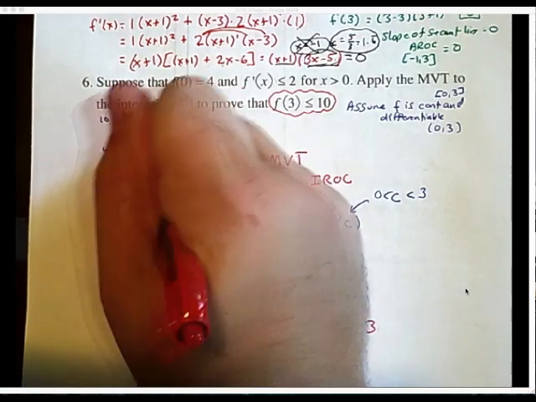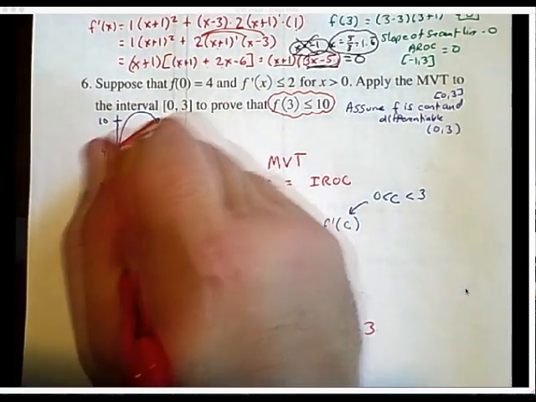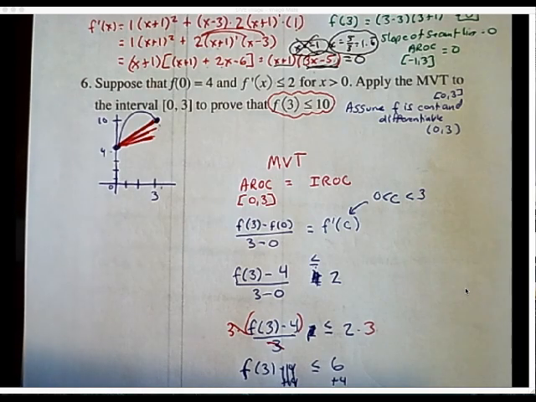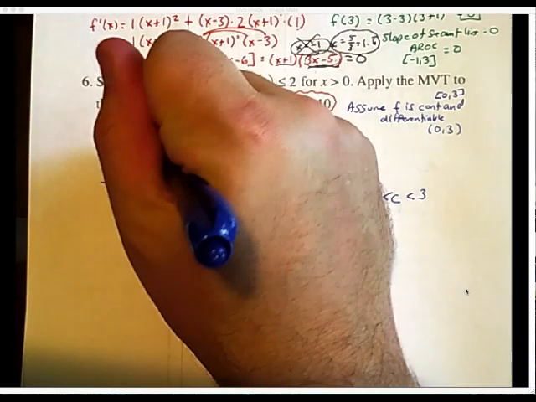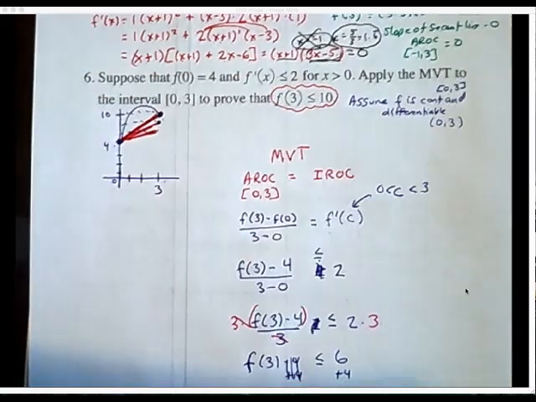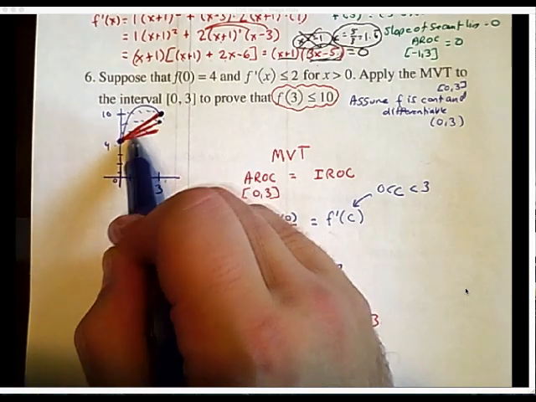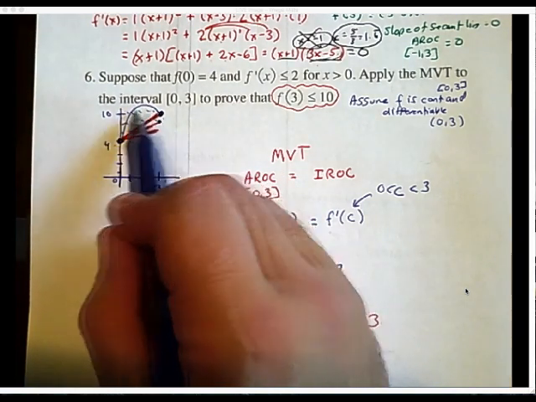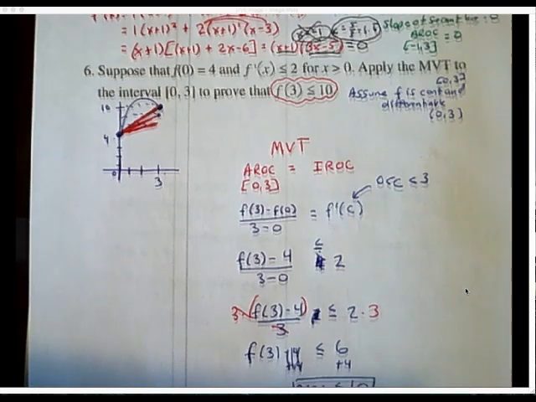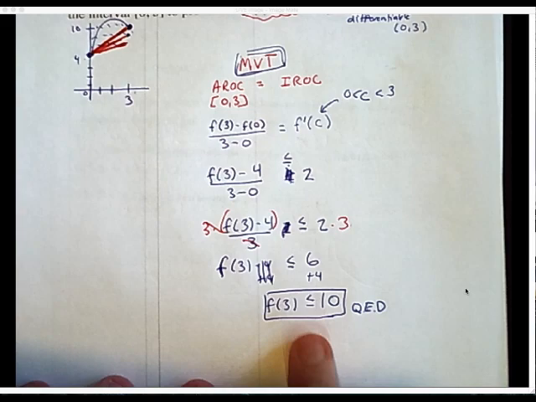So it could be something like here, or it could be a less steep slope. How would those be possible? It would only be possible if the y value is 10 or smaller. So that's graphically what we're doing. If we want the slope to be 2 or less, the y value has to be 10 or less. And I use the definition of the mean value theorem to prove how it's true.